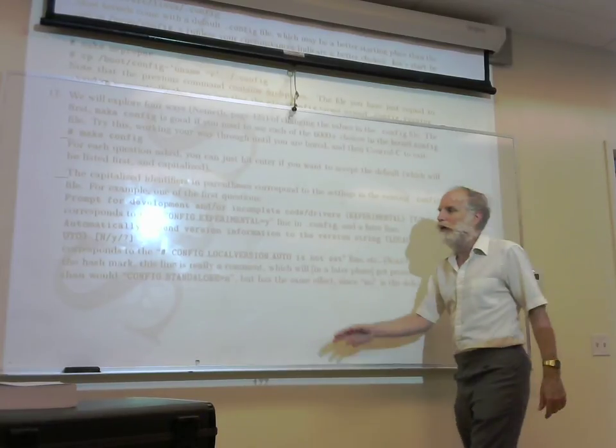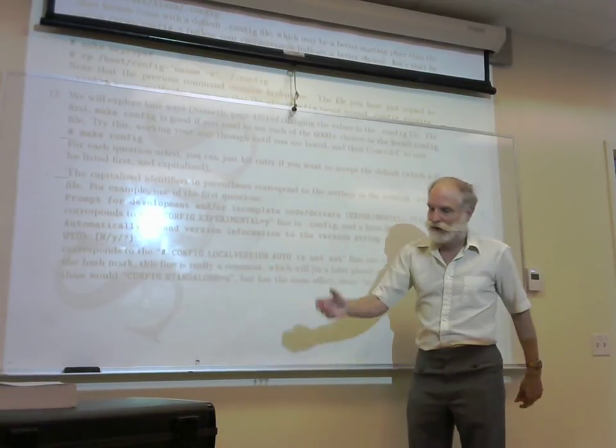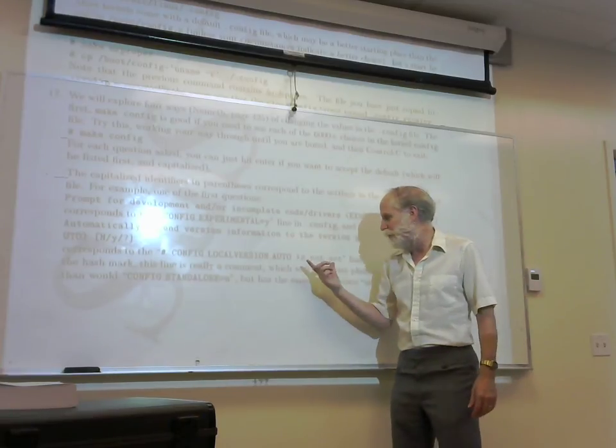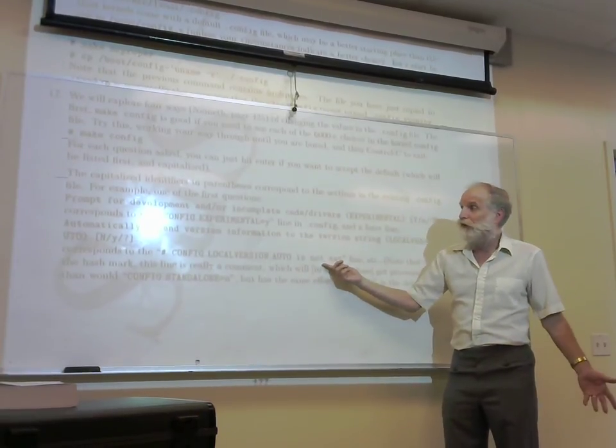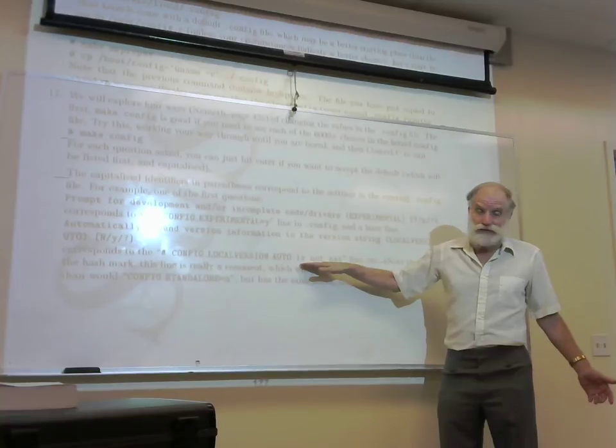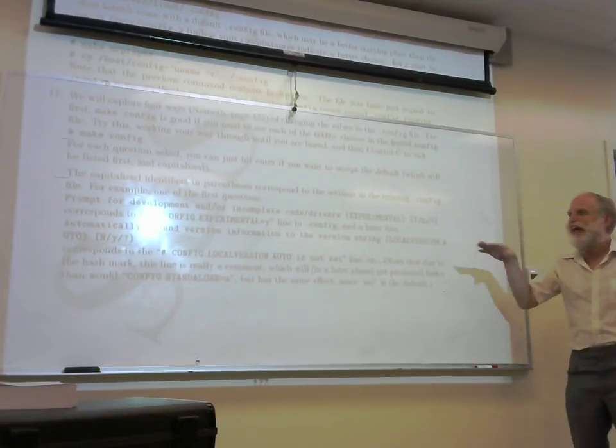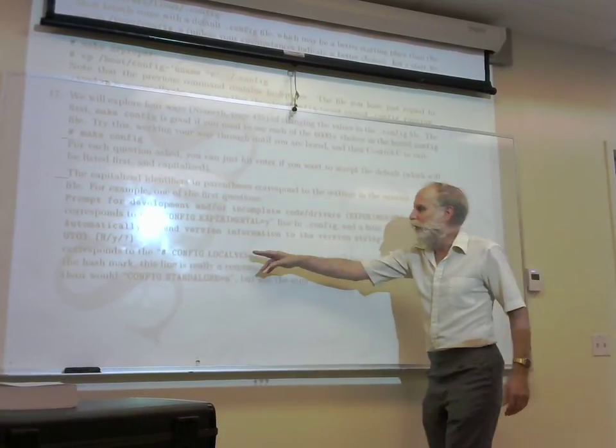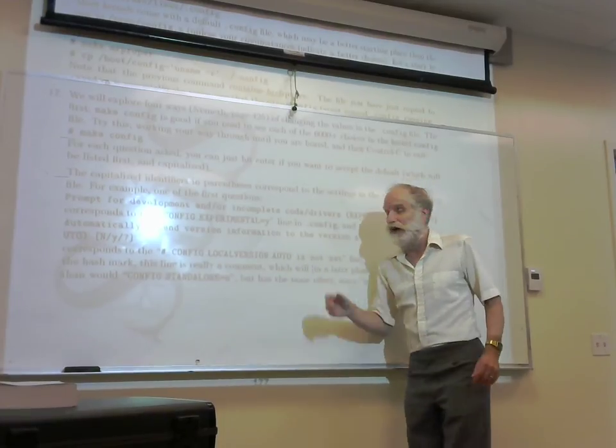And notice it's really a comment. Before it actually starts doing this stuff, it strips out all those comments. But you can infer that this was the default here, which is to not have that set. So you don't have to say explicitly config local version is not set equals n. That's what you're going to get if you just don't mention it at all.